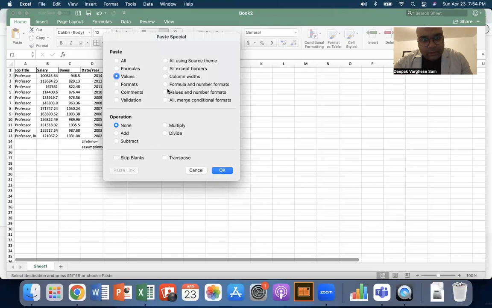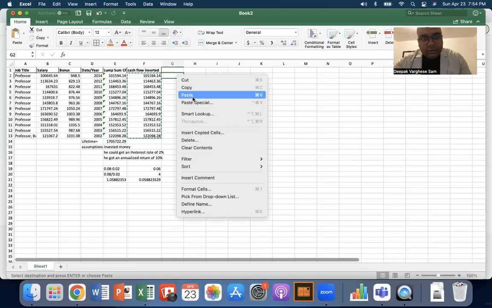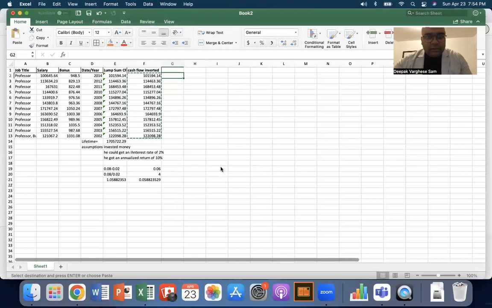The values and number formats. Okay, that's the values. Let's see if I try to paste special. Okay, there's no inverse in this version of Excel. So, okay, that's kind of sad. I need Microsoft to make it work properly.